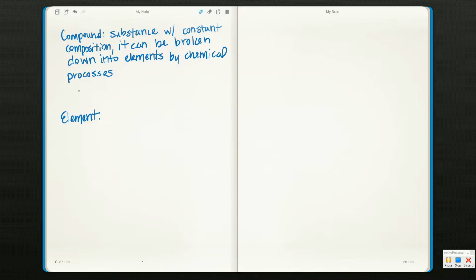Okay, so an example of a compound would be something like sodium plus chlorine combining to form sodium chloride.